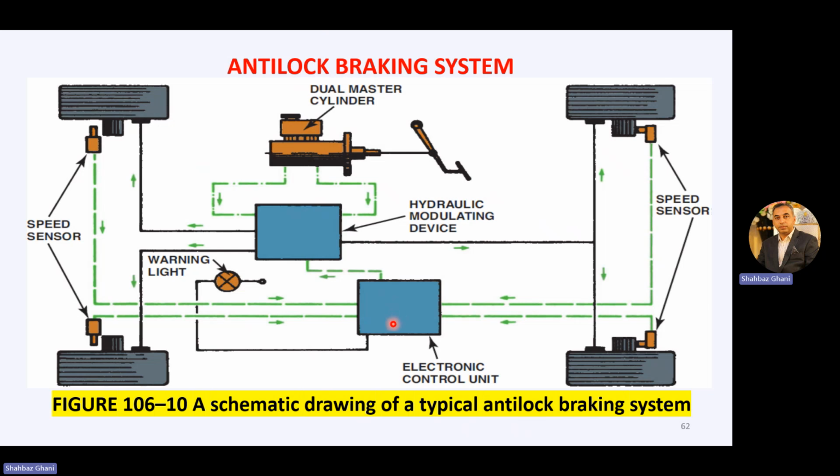From that electronic control unit, the signal is going to the hydraulic modulating device, where we have control solenoid valves. From there, the hydraulic pressure is applied to each wheel separately, whether front or rear, according to the accurate amount of information we are receiving from the wheel speed sensors.